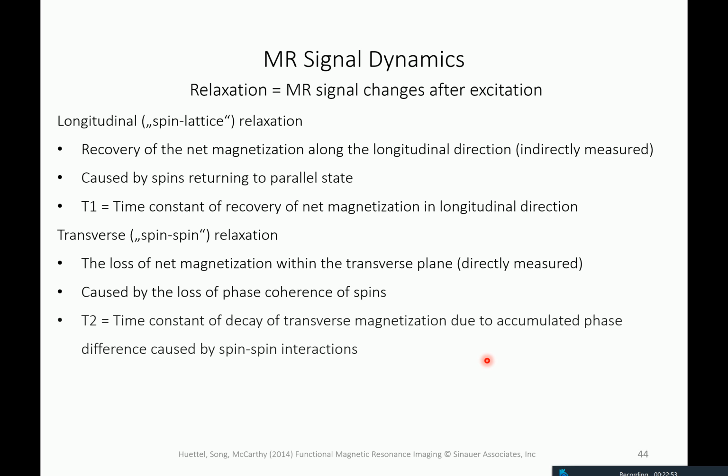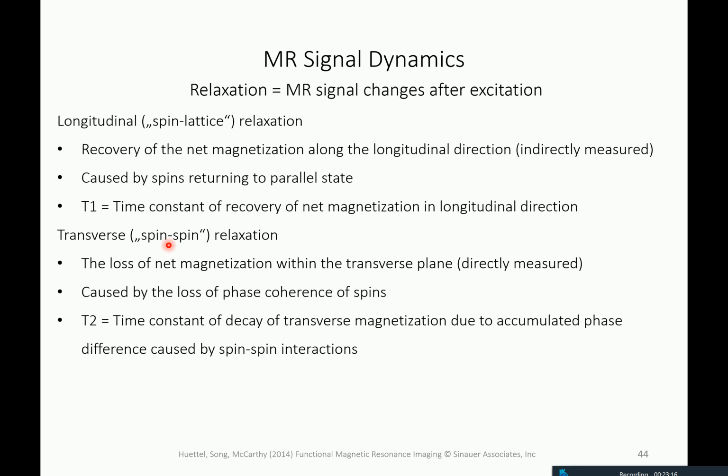There the idea is that this is caused, on the microscopic level, by a loss of phase coherence. Once the little nuclear magnets get tipped into the transverse plane, they are all tipped together, all happily in phase, and then they interact with one another, hence spin-spin relaxation.